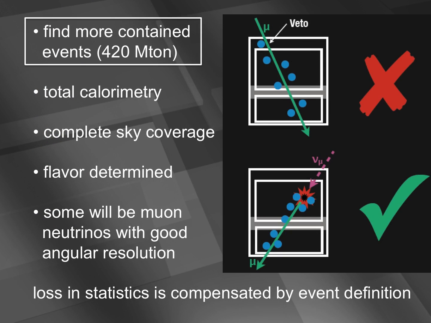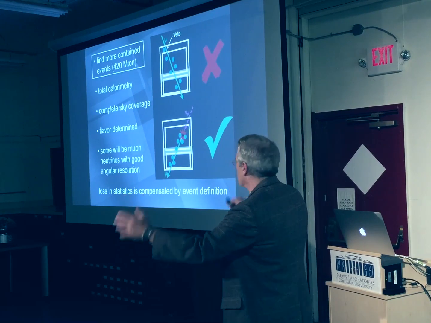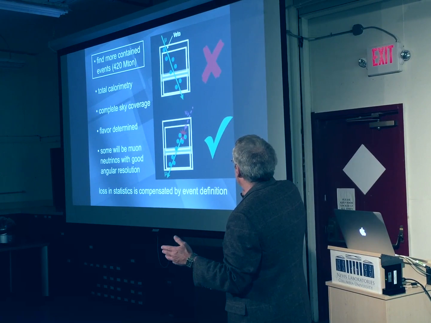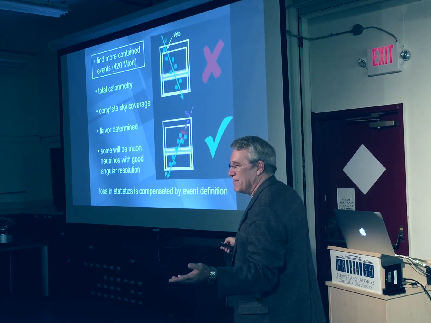And so how can we find more? So a very smart graduate student figured it out, okay? He said, oh, we can use the outside of the detector. So this is the detector, you know that thing down there, kilometer by kilometer by kilometer. If we only look for events in this region, we can use the outer part as what we call a veto.